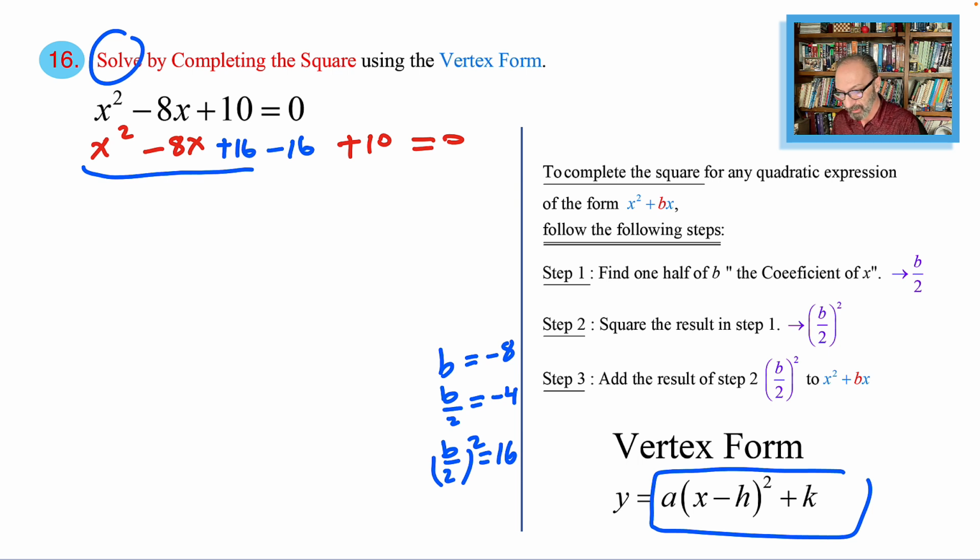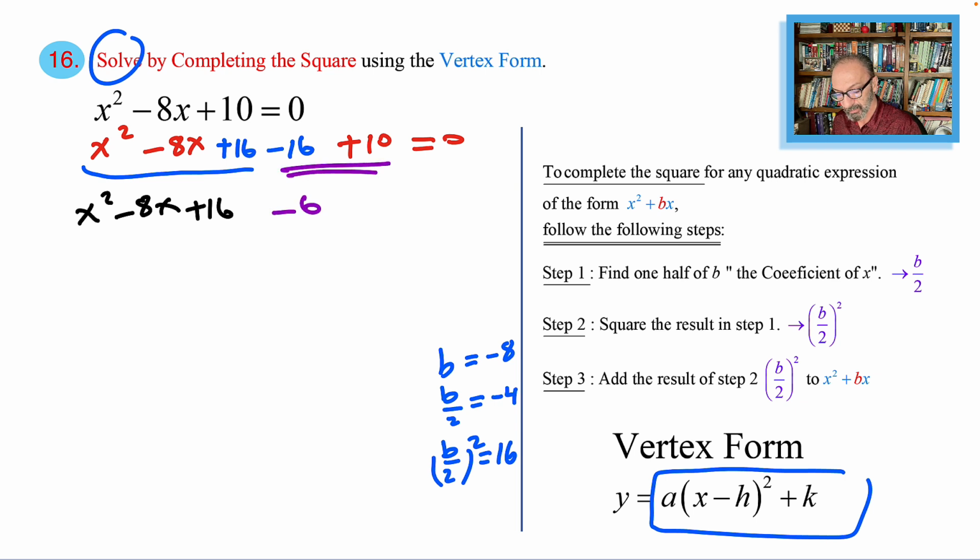Now, we have the following. We have x to the second minus 8x plus 16, and we have minus 16 plus 10. That is, let's say, minus 6.